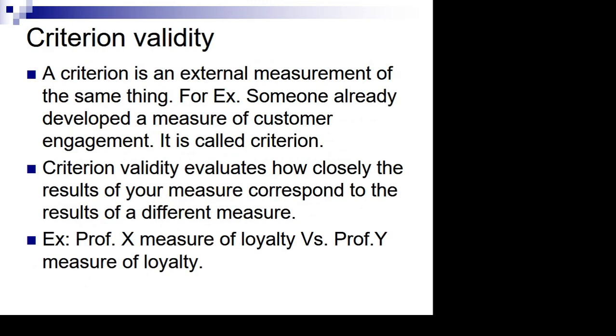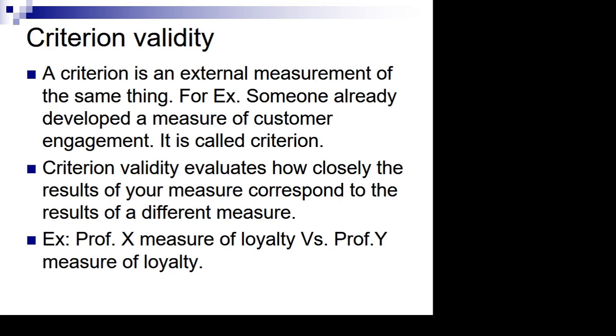Move on to the next one called criterion validity. This is a little complicated method, but this is a very, very reliable method of establishing the validity of a measurement. A criterion is an external measurement of the same thing. For example, somebody had already developed a measurement of customer engagement.